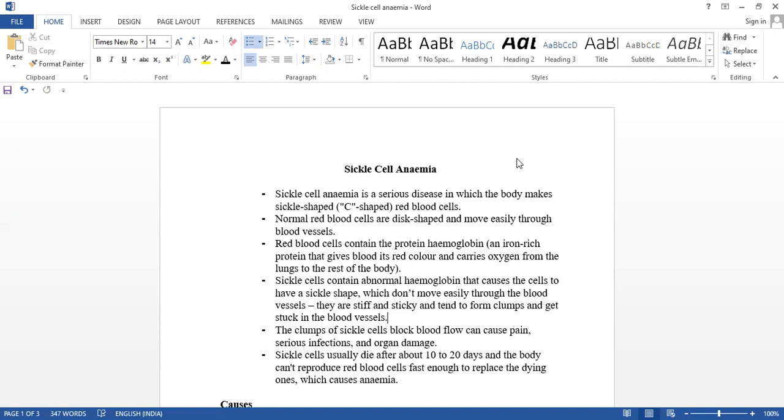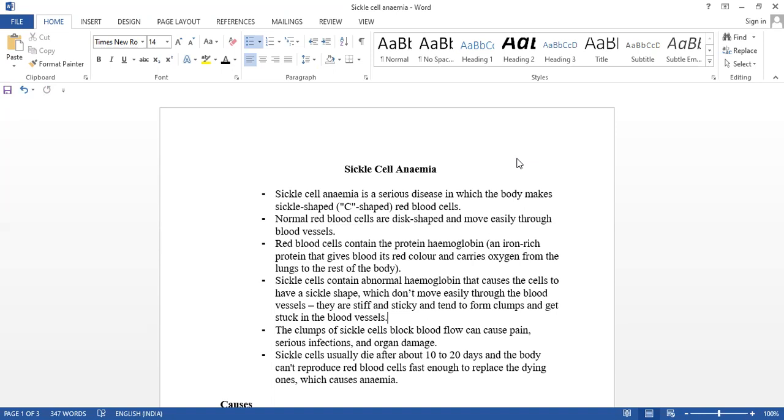Now listen carefully. Sickle cell anemia is a serious disease in which the body makes sickle-shaped, that is C-shaped, red blood cells, RBCs. Normally, how is the RBC shape?